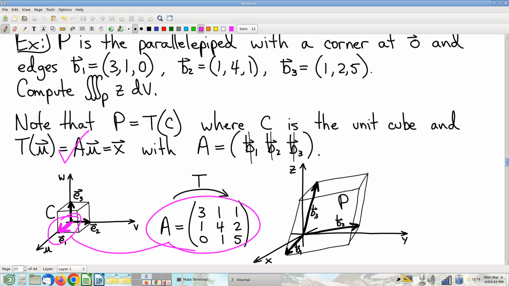And when I multiply a standard basis vector times a matrix, I get the first column, which by construction is the first edge of my parallelepiped. So by construction, basically, first edge of the cube goes to the first edge of the parallelepiped. And then likewise, second to second, third to third, and therefore cube to parallelepiped. Works out really, really nicely.